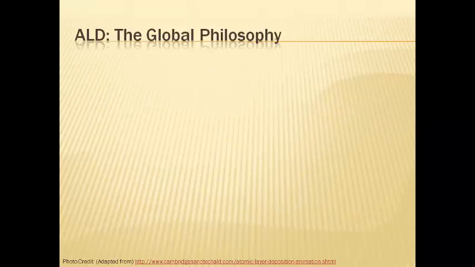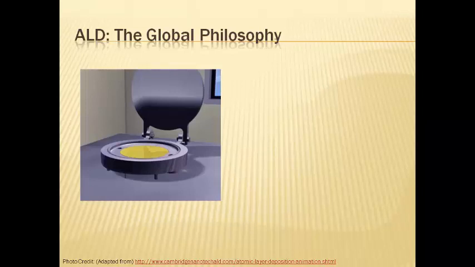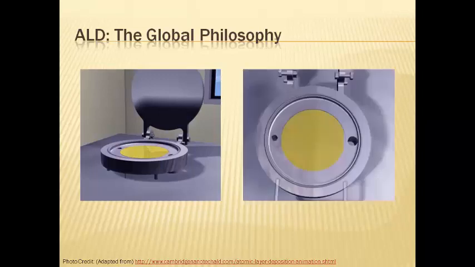Okay, so let us get into the underlying principles of atomic layer deposition. Here is shown a cartoon representation of an ALD device load lock, and here is the top view of the same. The golden yellow patch within the ALD machine is actually the wafer on which atomic layers will be deposited. ALD occurs by chemical reaction of precursors which are pulsed sequentially.